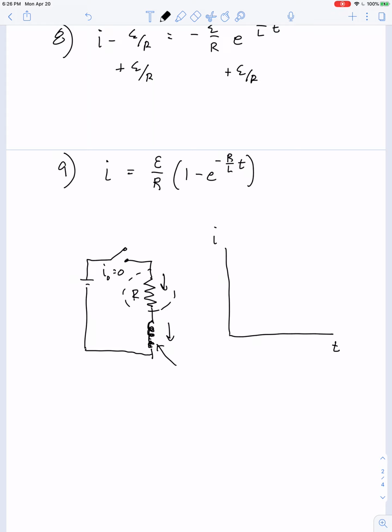So the maximum amount of current we get, call it I max, should just be equal to, according to Ohm's law, the battery EMF divided by resistance. But it doesn't get there in an instant. At time t equals 0, we drop the switch, and the current gradually, asymptotically grows to the maximum value.